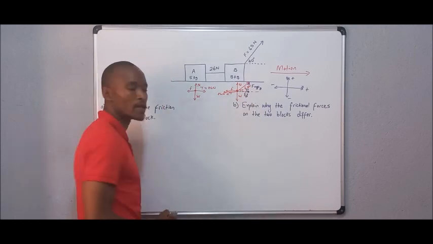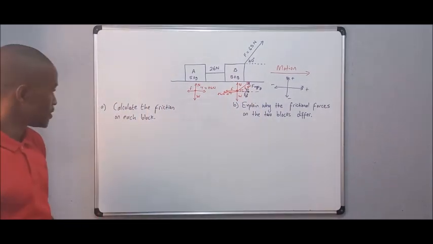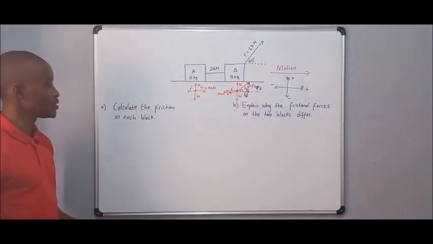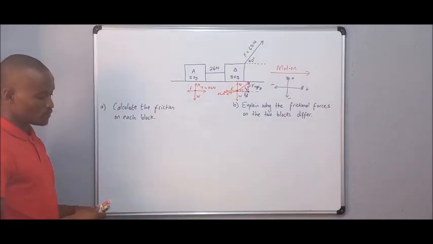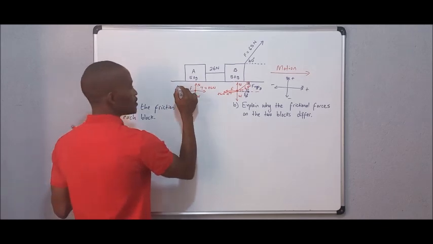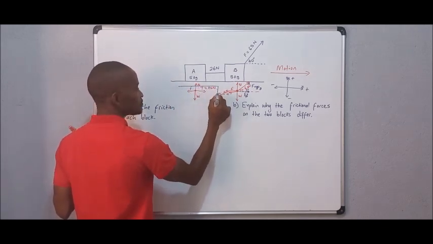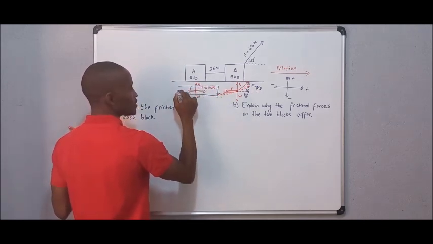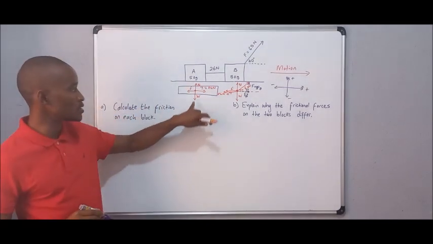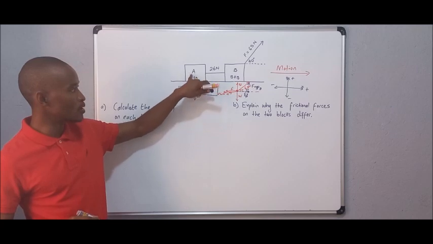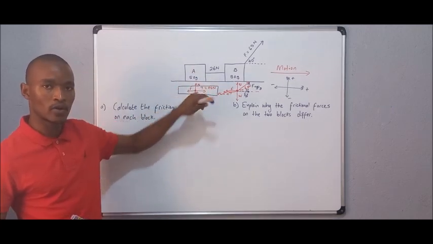And they obviously make a 90-degree angle. So what do we need when we talk about the friction on each block? So the friction and the tension are the two forces that are contributing to the net force acting on this block here, block A.